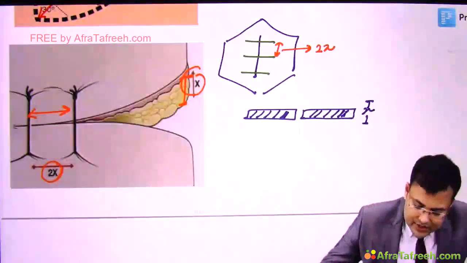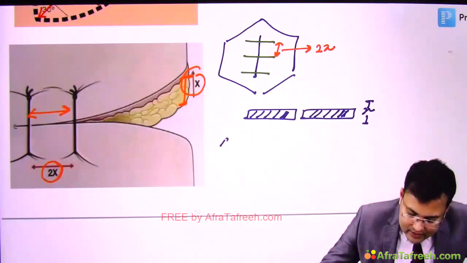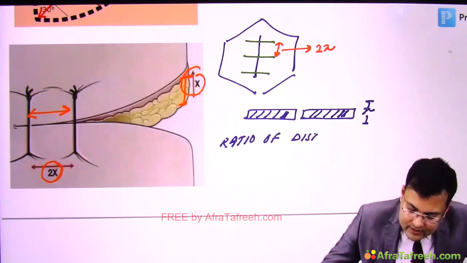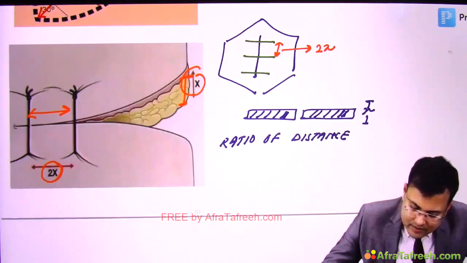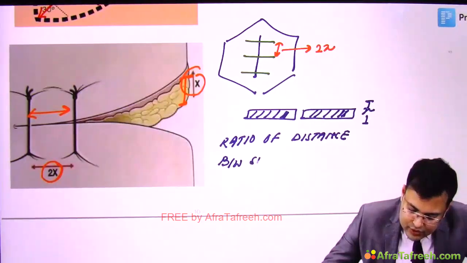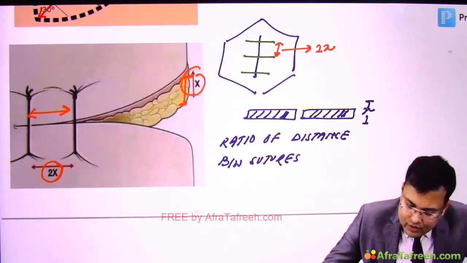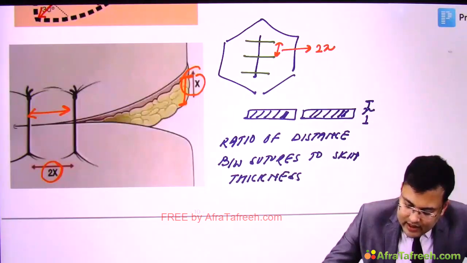So for skin suturing, the ratio of distance between sutures to skin thickness should be 2:1.